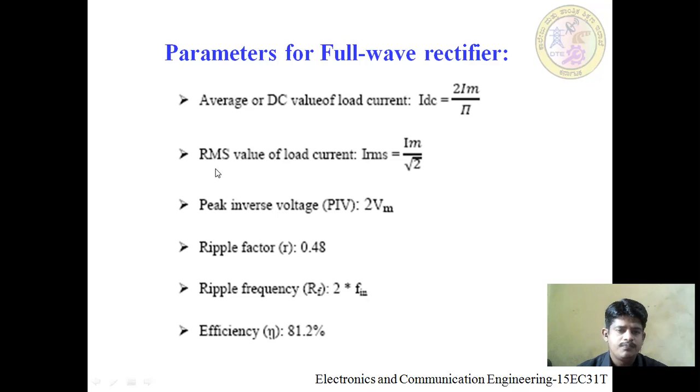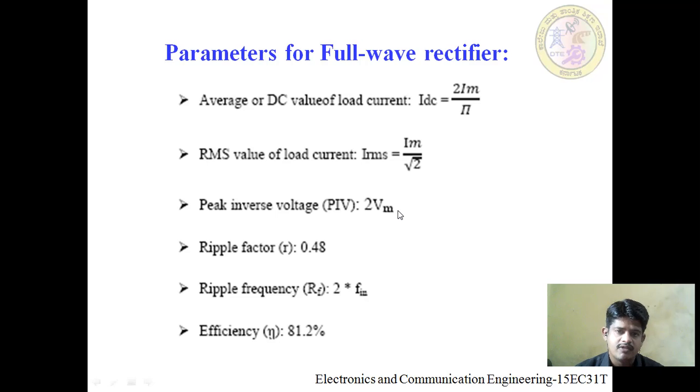Now the RMS value means the root mean square value of load current. IRMS is equal to Im by root 2. So this is the RMS value of a full wave rectifier. And peak inverse voltage, PIV, means the maximum reverse voltage that can be applied. It is 2 Vm.